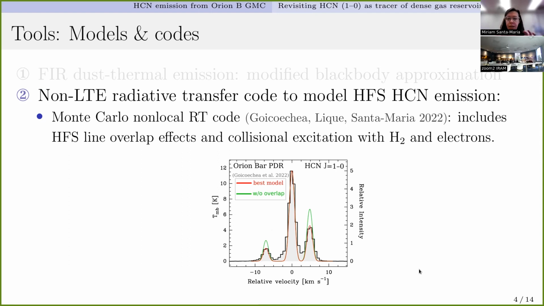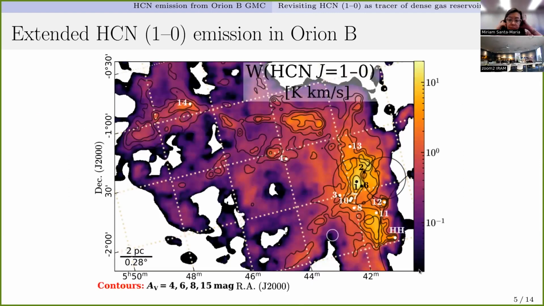So the codes included the line overlap effects and collisional excitation both with H2 and with electrons. This is the HCN emission in Orion B at 120 arc seconds.